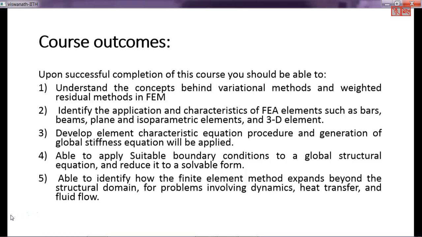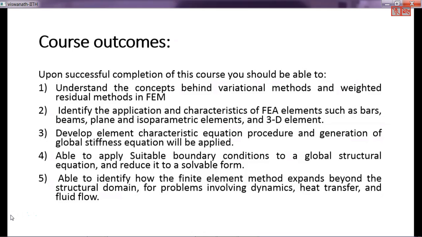And then apply the suitable boundary conditions to the global structure and reduce it to a solvable form, and then invert your global stiffness matrix to solve for the unknown degrees of freedom. Once you know the unknown degrees of freedom, you put them back in your interpolation functions and obtain your solution all over your domain.